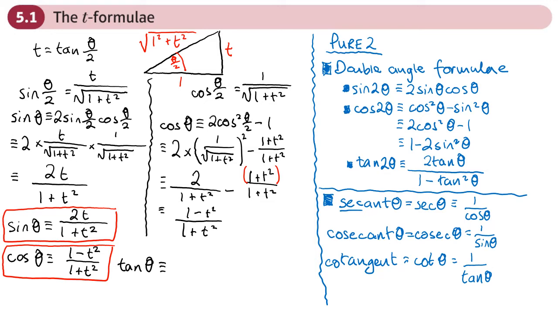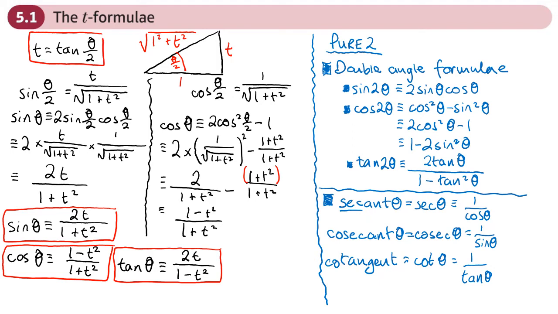And if we do that, we will end up with 2t over 1 minus t squared. Again, another result that needs to be learnt. Okay, so everything in the red boxes here are the things that we need to memorize. Let's highlight them as well.